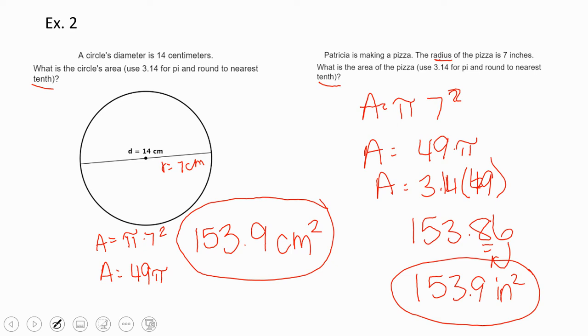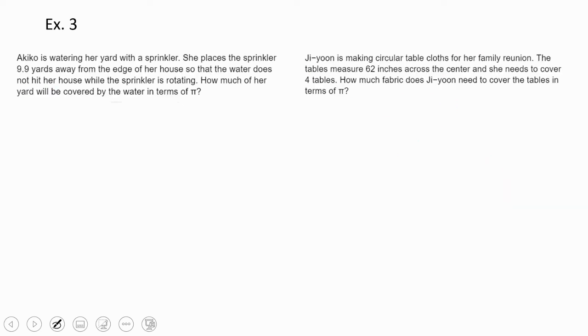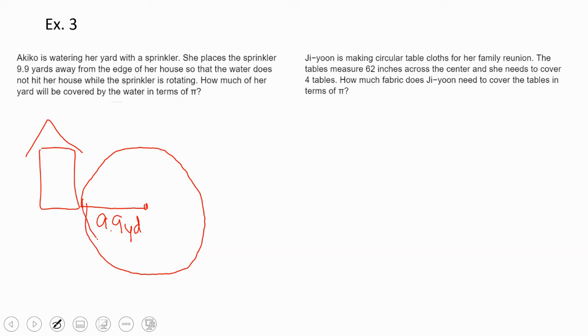Okay, next one. We're watering a yard with a sprinkler. She places the sprinkler 9.9 yards away from the edge of her house, so this is her house, right? She places the sprinkler 9.9 yards away so that the water does not hit her house when the sprinkler is rotating. We want to know how much is covered. Remember, the sprinkler is going to reach everything in a circle around it.